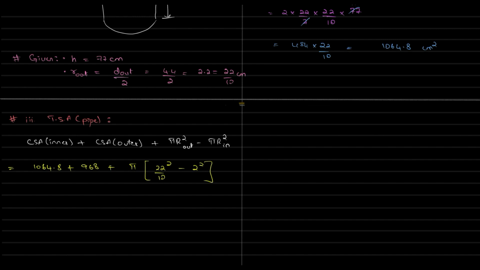I think we can do this addition. So this is 0.8, so this will be 2, 1 carry. So this will be 22 by 7 into 484 minus 4, that is 0.84 whole square, by the way.